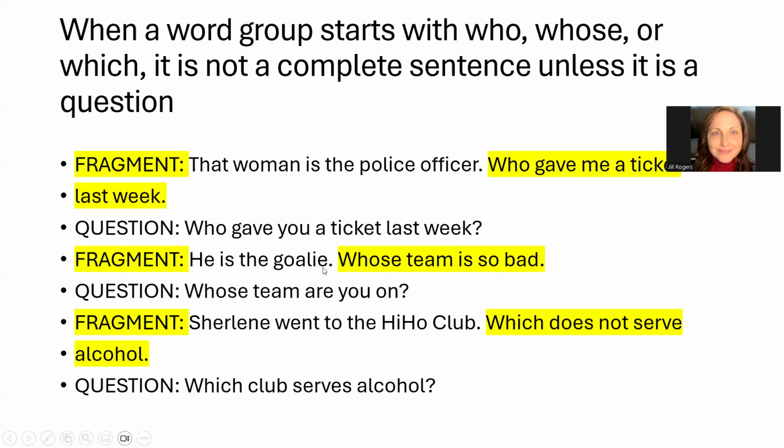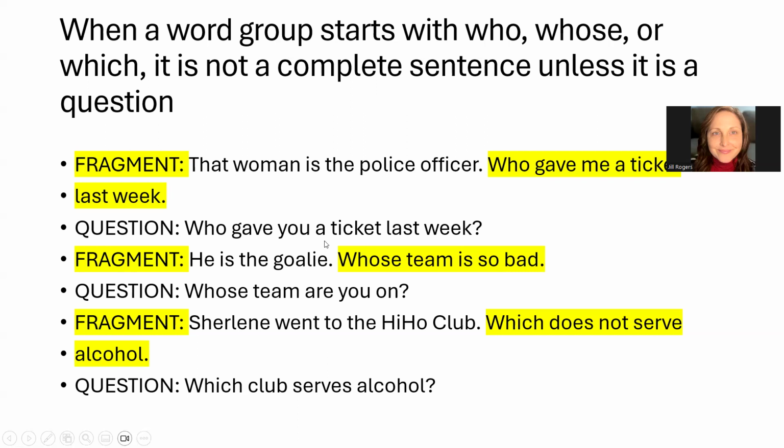Here's a fragment right here. He is the goalie. He's the goalie whose team is so bad. We're referring to the goalie's team here, so they have to be connected. By itself, "whose team is so bad," if that was a question, it doesn't make sense to say it right after this. But if you're asking someone, oh, whose team is so bad, you could ask your friend that.